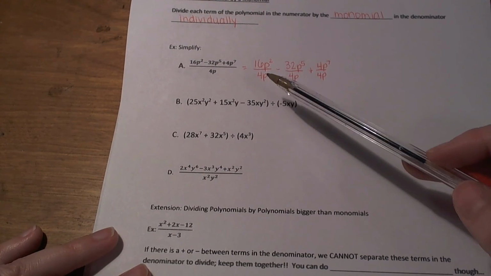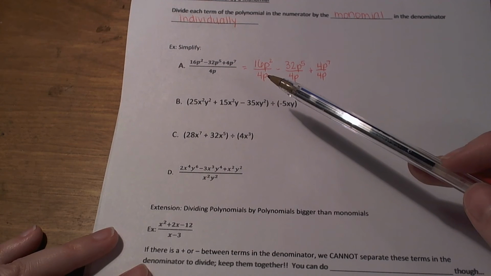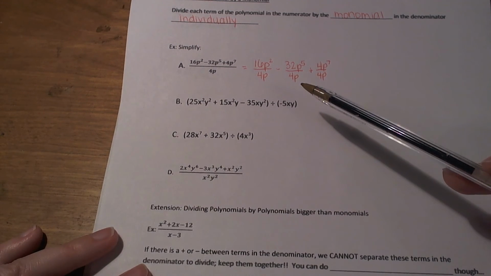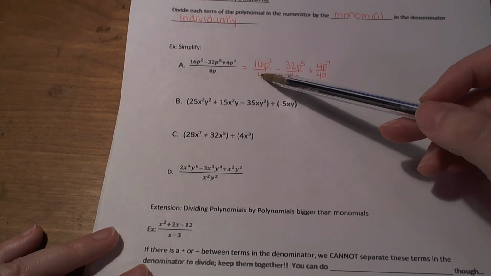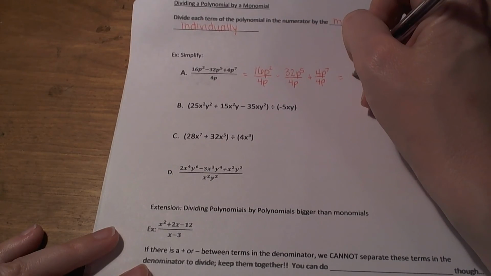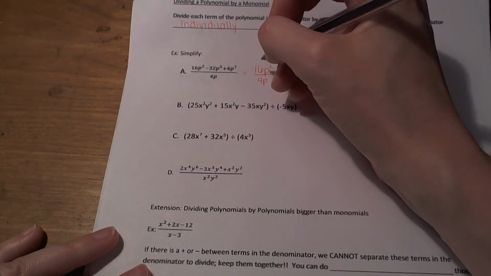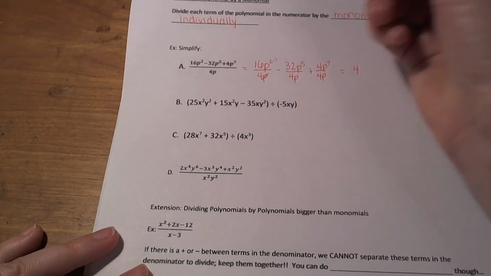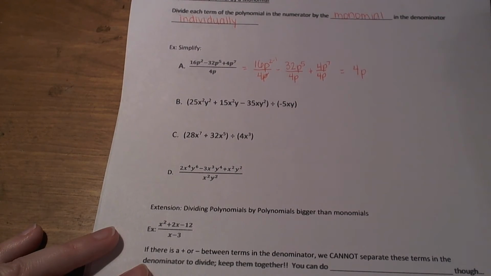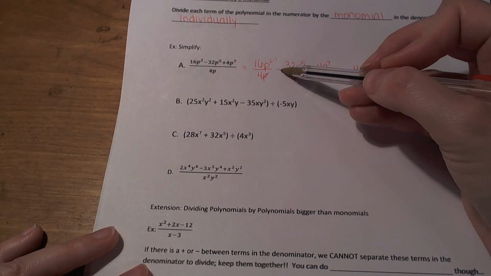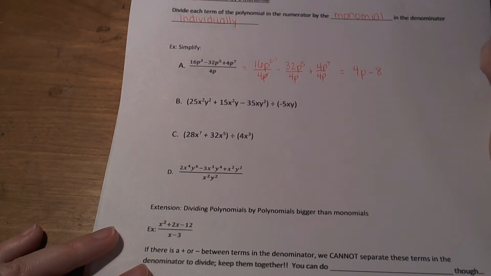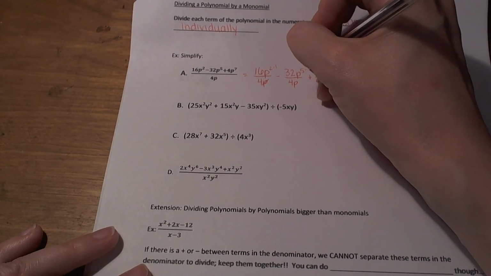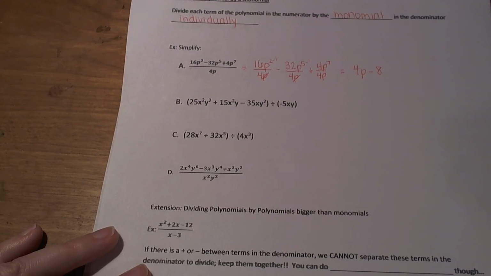And now, once you've written it this way, this is just like what we did on the previous page, but you have 3 individual sets of division to perform. So 16 divided by 4, that first one is 4, and p to the 2, we're going to subtract 1 for that bottom p, is just p. Minus 32 divided by 4 gives us minus 8, and p to the 5 minus 1 gets rid of the p on the bottom.